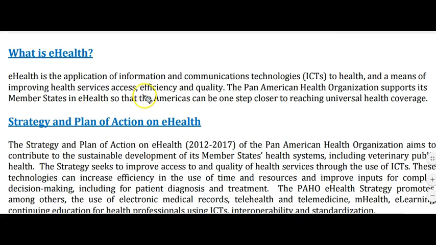Now let's discuss in detail about e-health and what it constitutes. E-health is the application of information and communication technology to health. So it is a way to improve healthcare service access, efficiency and quality.